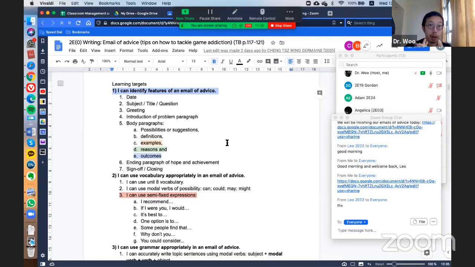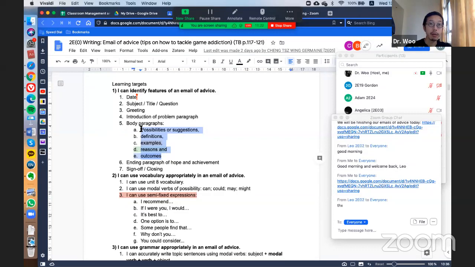When I mark your work, I'm quite interested in these features and observing them, and especially these.